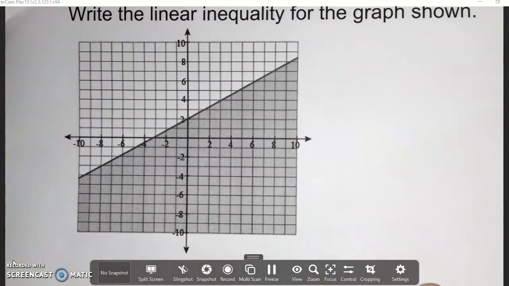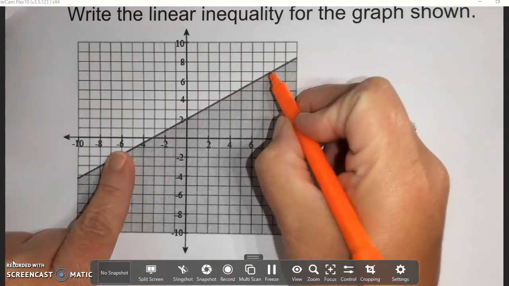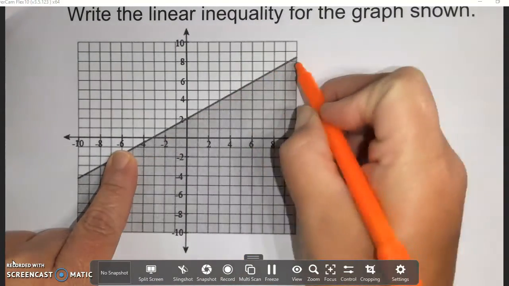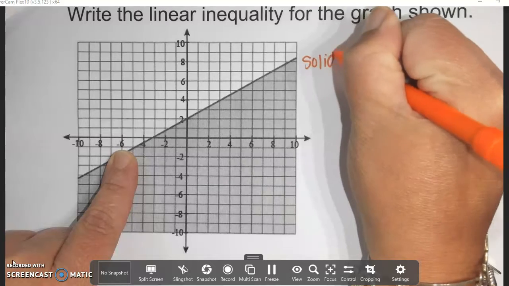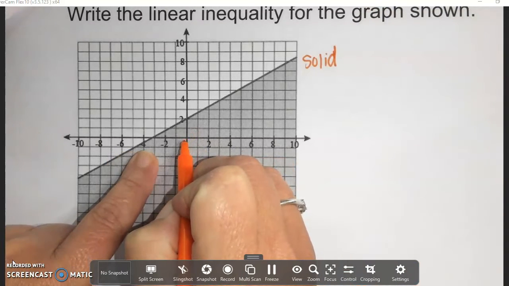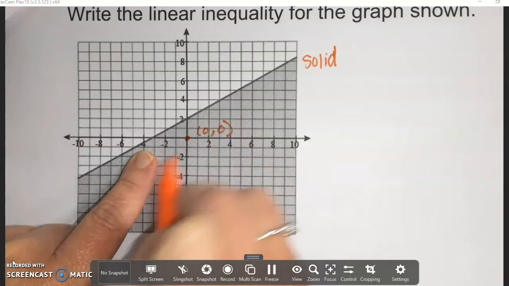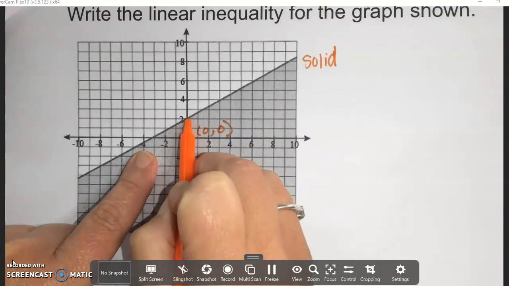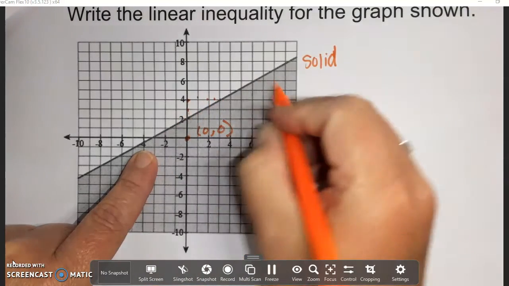Write the linear inequality for the graph shown. So let's think about what this is. It's going to be a solid line. Okay? (0, 0) is included. It has a slope up 2, right 3.